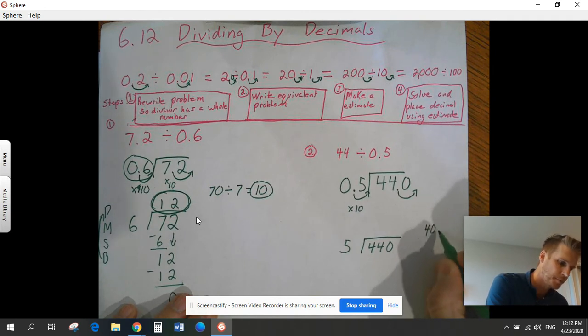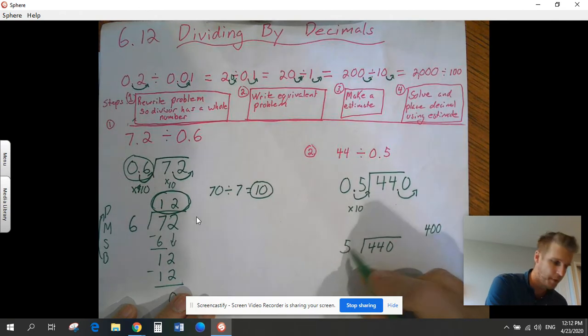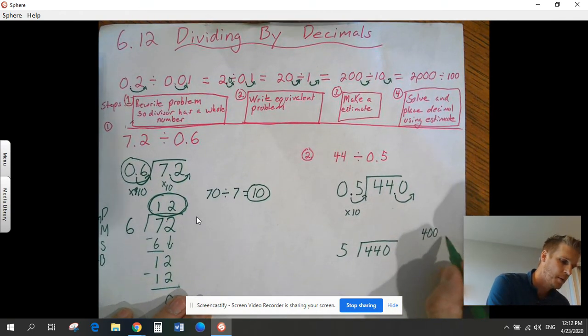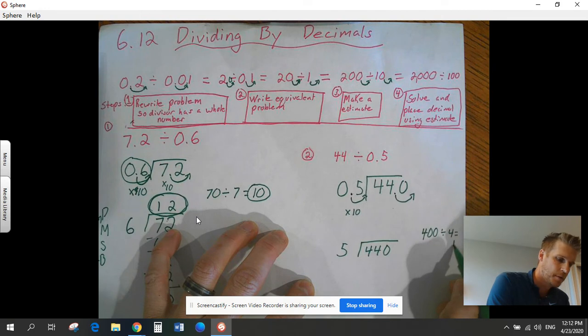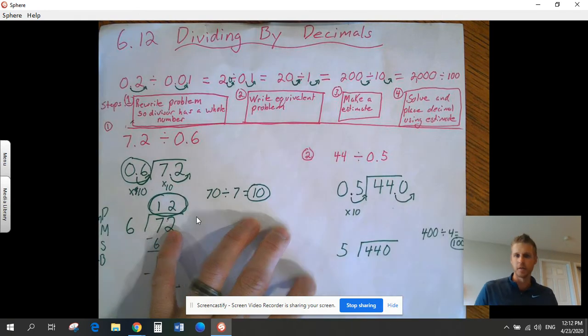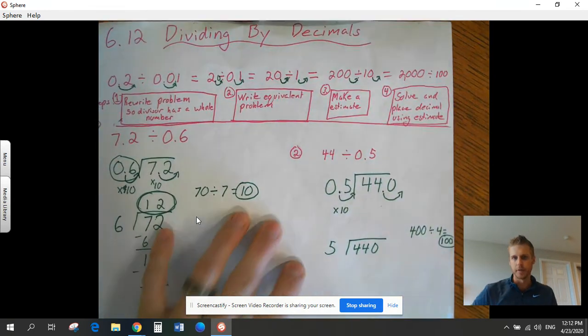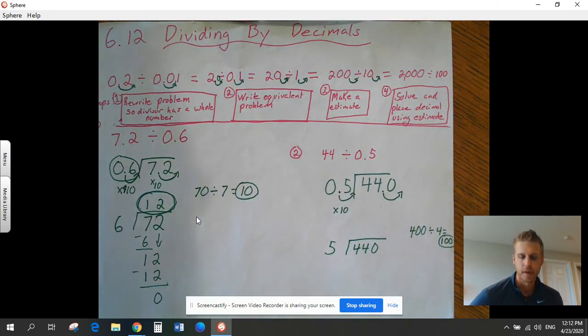And I'm going to make that 5 into a 4. I think that'll be easier. 400 divided by 4 equals, we'll say 100. So this is our estimate answer. It'll be close, somewhere in the ballpark of 100. Might be a little bit off, but close enough.